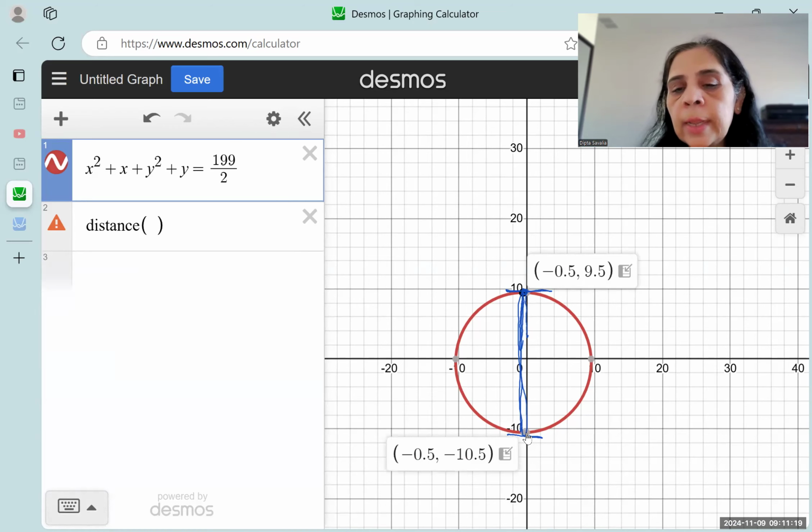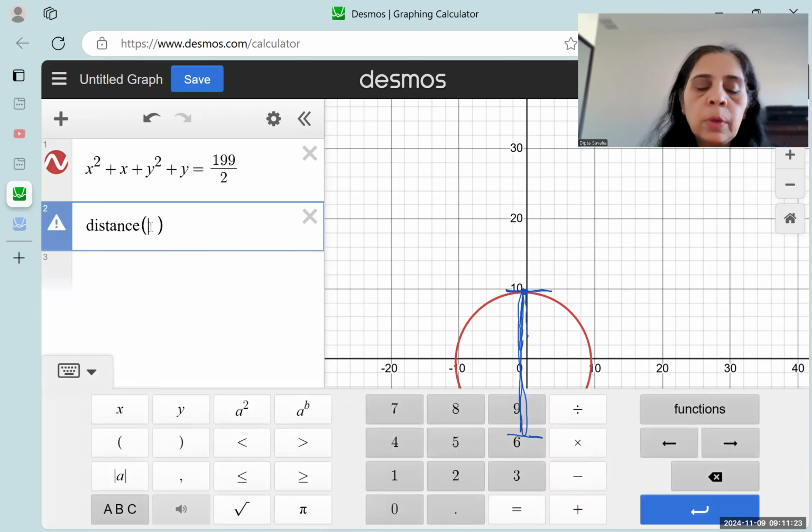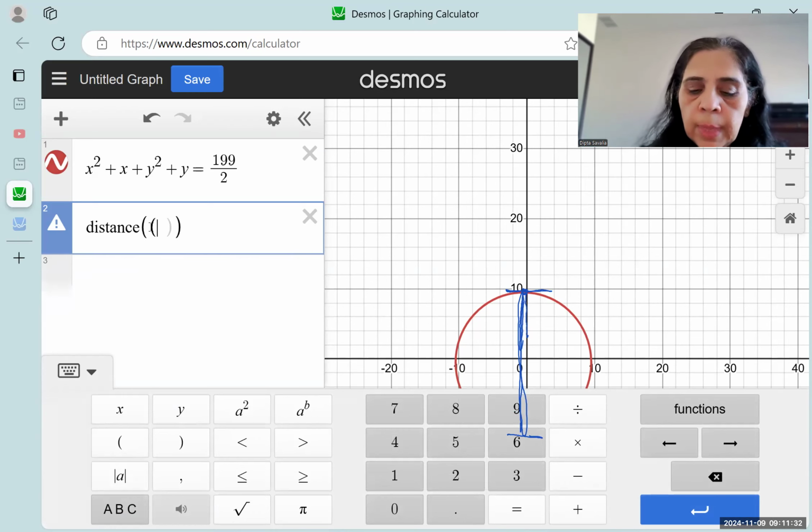It says here negative 0.5 and 9.5, right? Also, you can enter exactly this point here in parentheses: negative 0.5, comma 9.5.